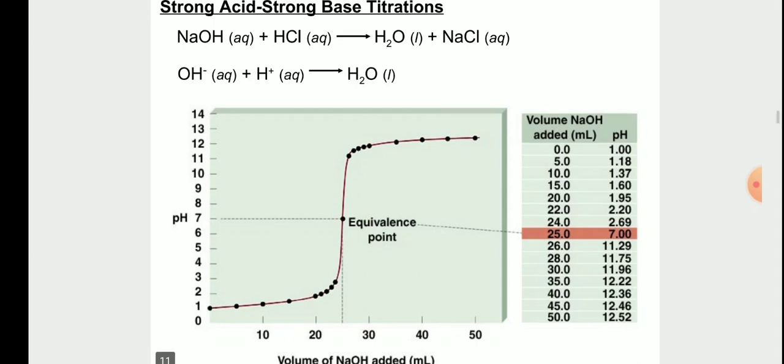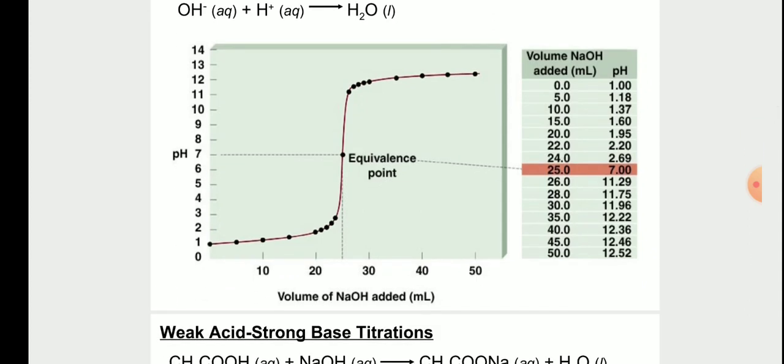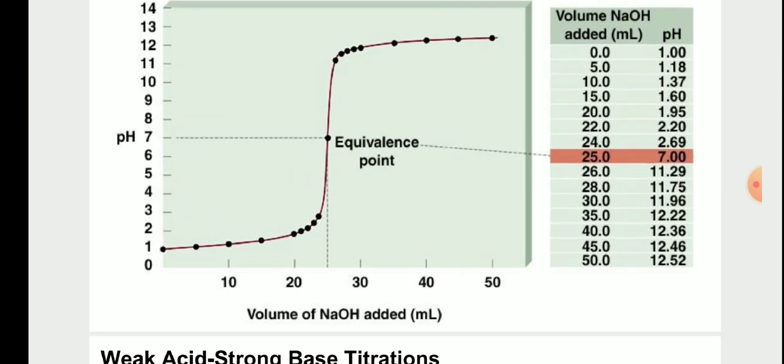If you look at the curve, the pH changes, but initially the pH does not change very fast. At nearly the equivalence point there will be a huge jump from pH 2 to pH 11.